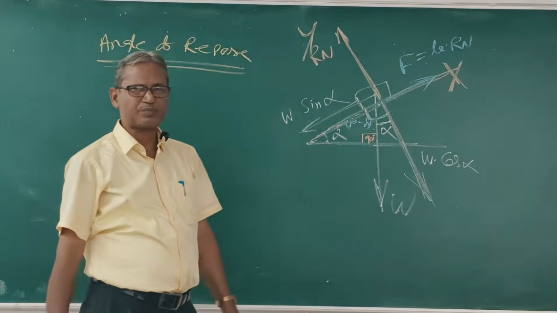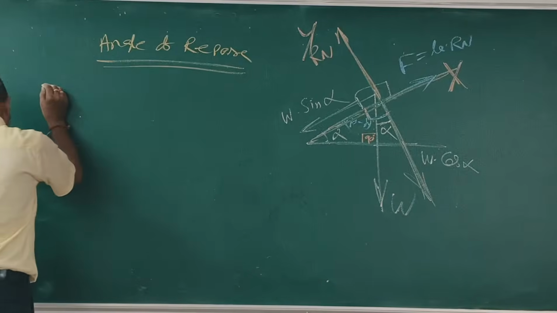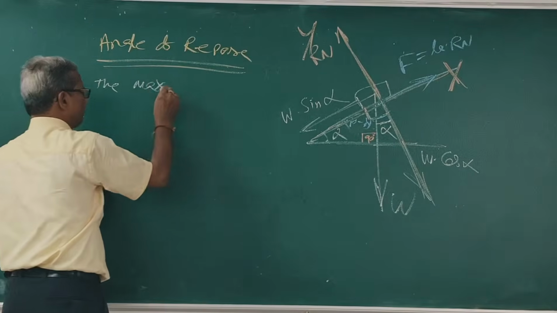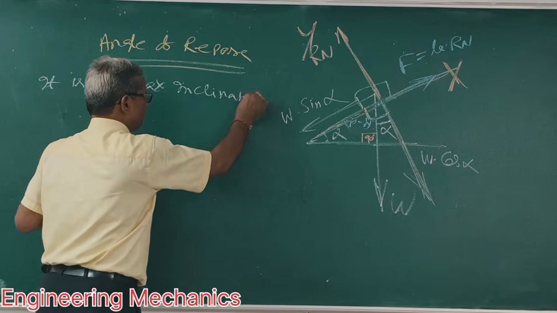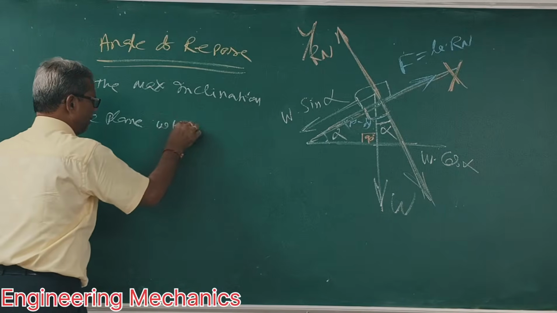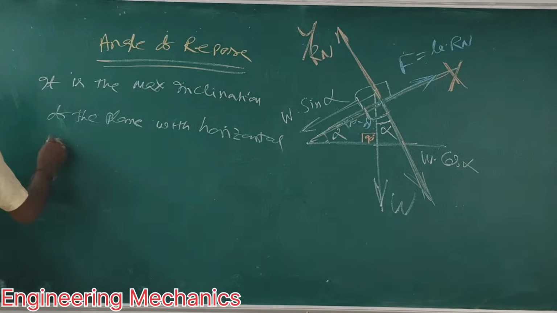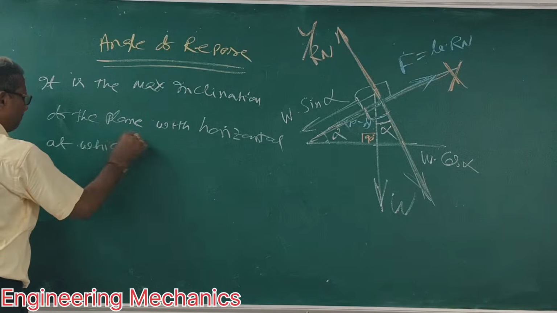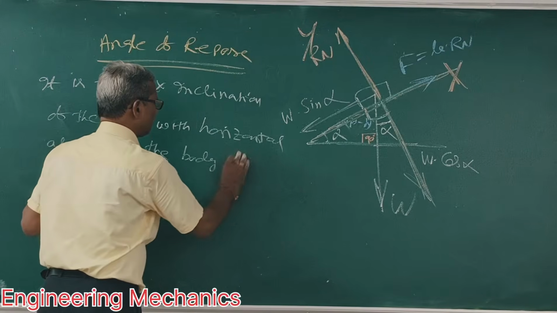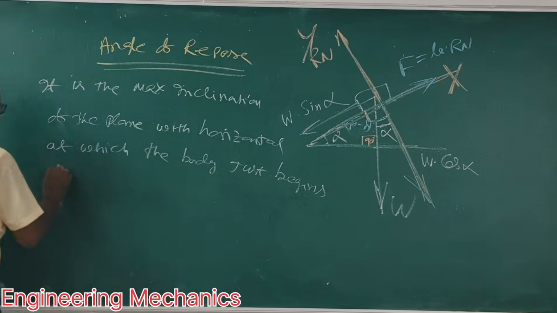Clear? So first I will define what the angle of repose is. It is the maximum inclination of the plane with a horizontal at which the body just begins to slide down the plane.